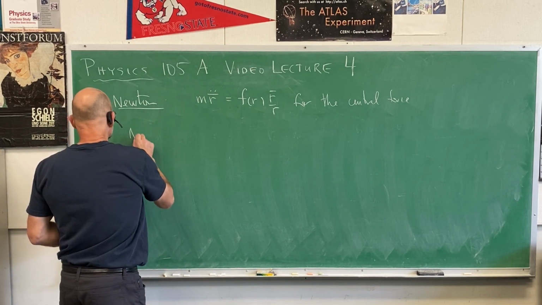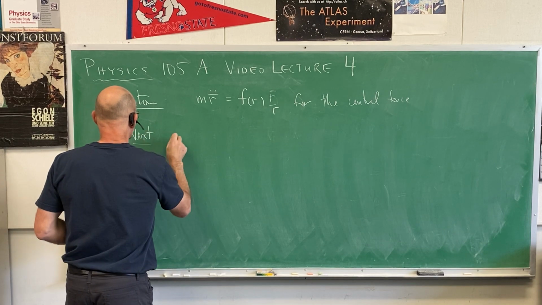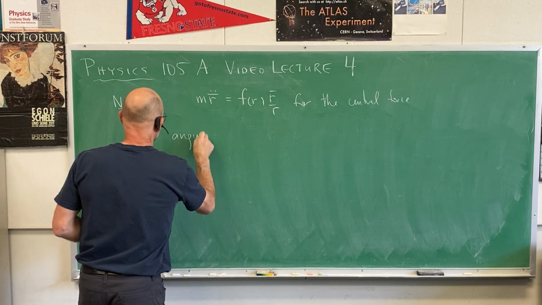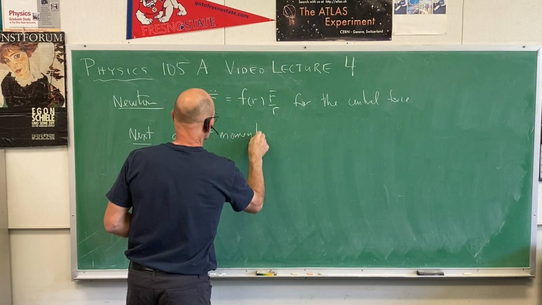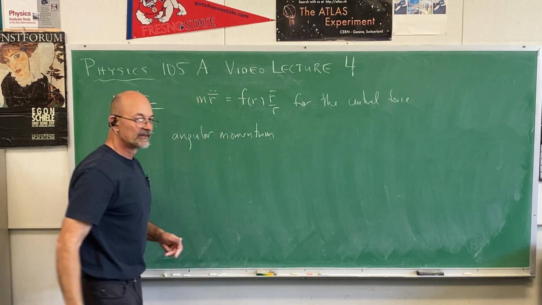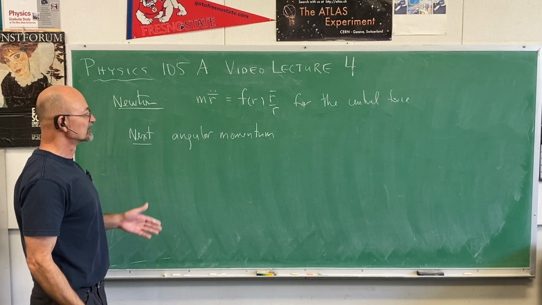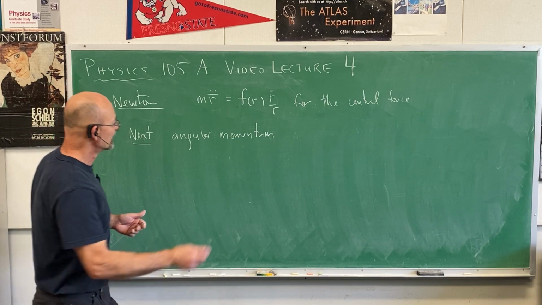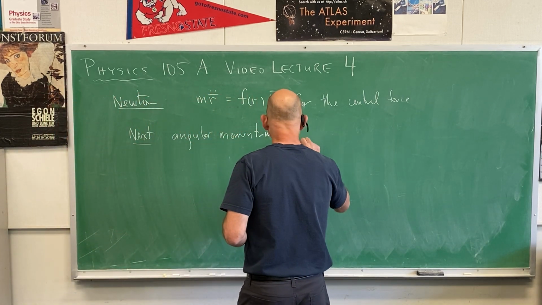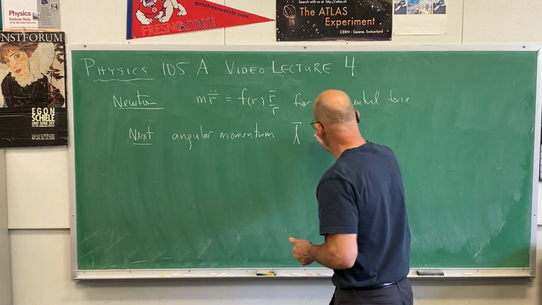Next, let's look at angular momentum. Now, this is kind of just being pulled out of the hat, but we remember that the thing exists. It doesn't matter. I can actually just pull it out of the hat and define it and say we're gonna investigate it. So angular momentum, we're going to call it lowercase l with an arrow on it.